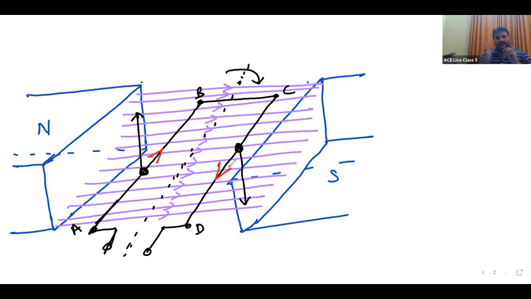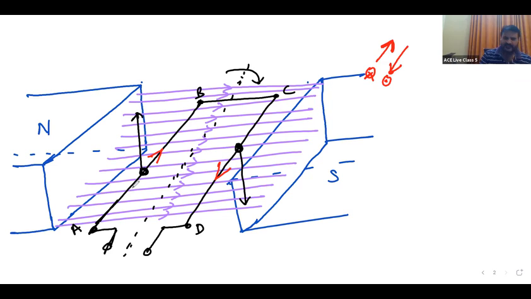If current is going away from the observer, it will be a cross. When current is coming towards the observer, I can feel it like a dot. Whereas when it is going this side, I feel it like a cross.